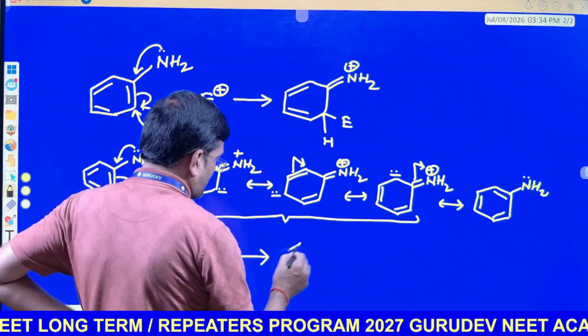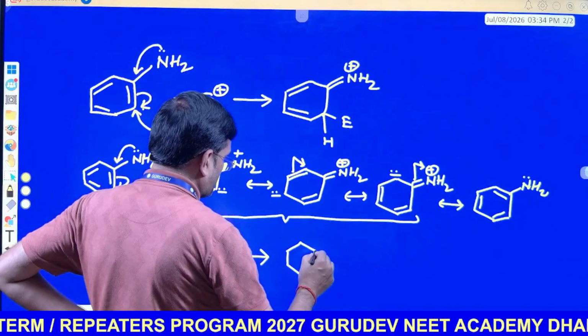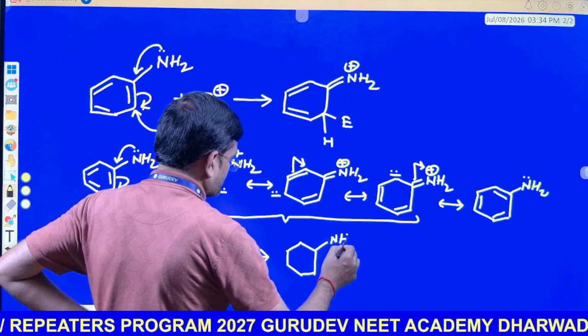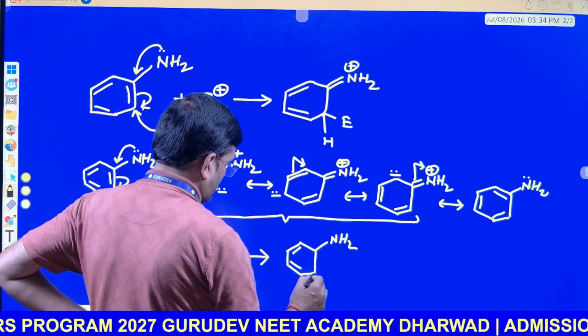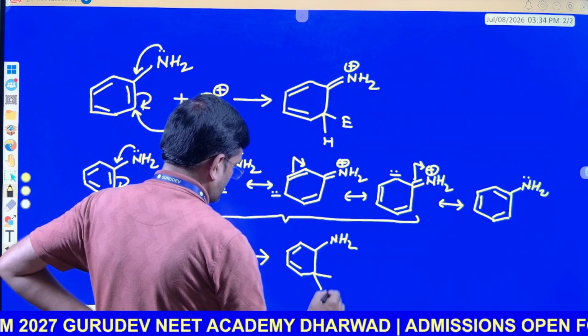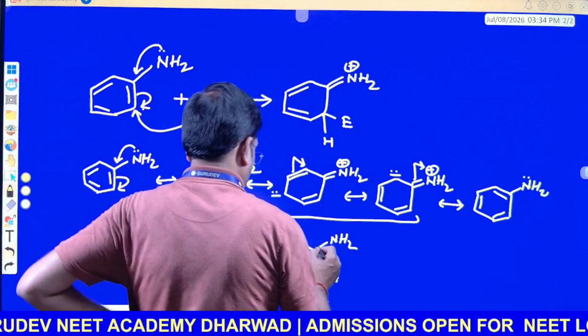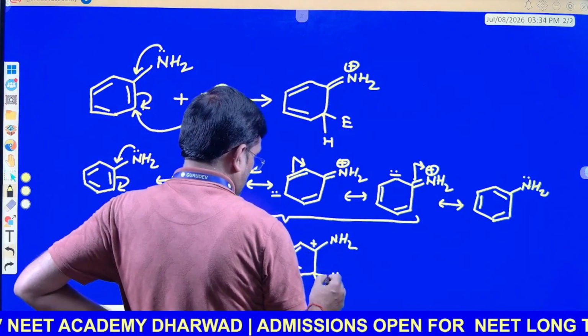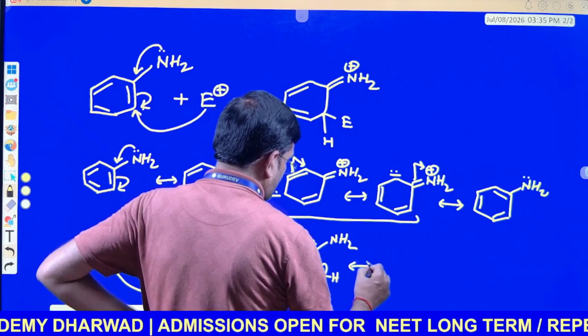So when ortho attack takes place, now this hydrogen will be lost to regain the aromaticity.